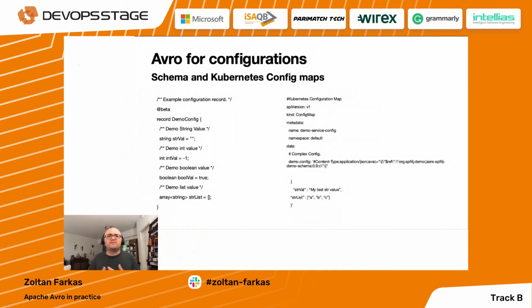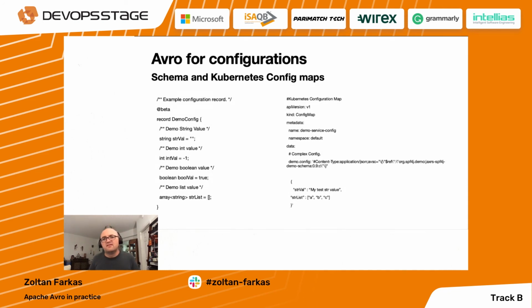Kubernetes configuration map is a standard way of providing configuration to an application. Your configuration models will be defined in schema projects, and you will benefit from the same compatible evolution, quality validations, etc. It is nice to have schemas for your configurations. It's way better than having property files or anything else that doesn't have a schema.